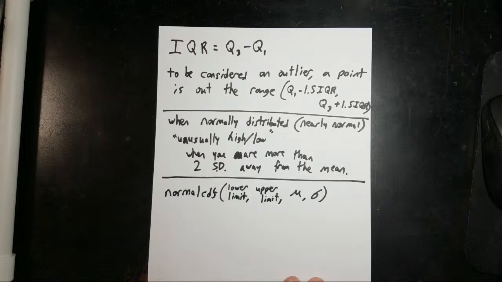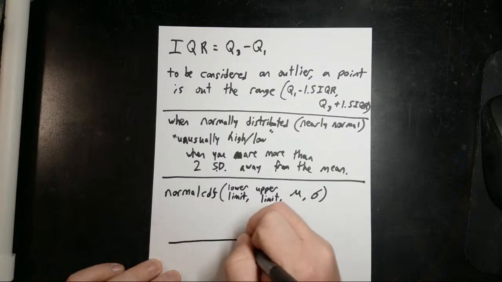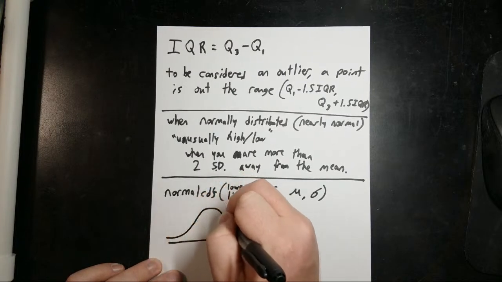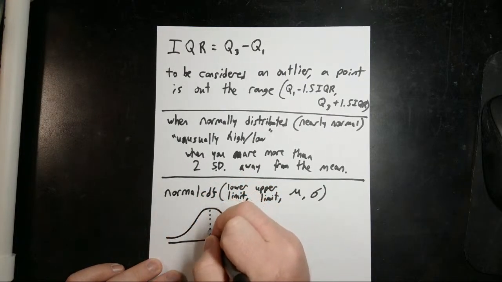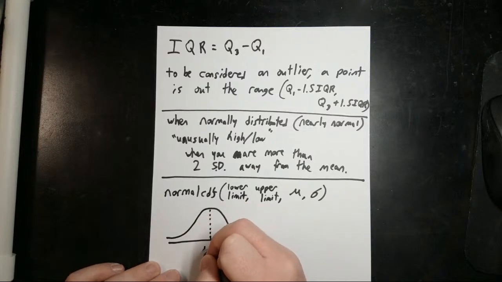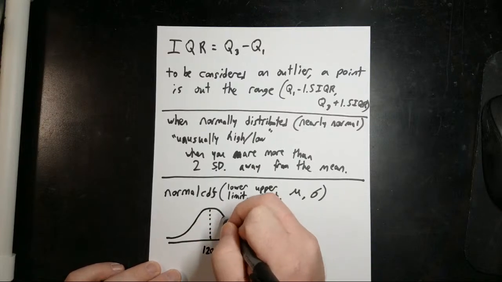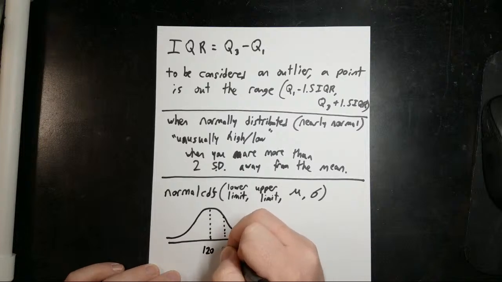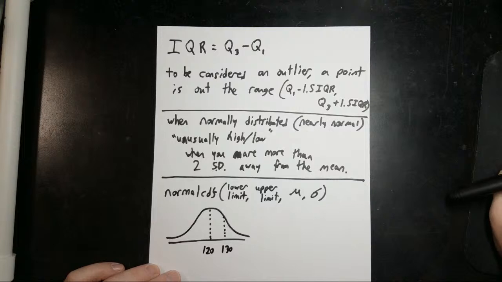So given a set of data with a mean and a standard deviation, or an accepted population mean and population standard deviation, you could find something along the lines of, and I'll just make up an example here, let's just say that you had a mu of 120 with a standard deviation of, I don't know, 10, or some junk like that.